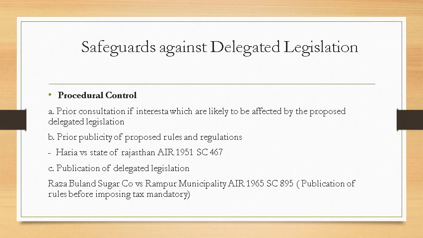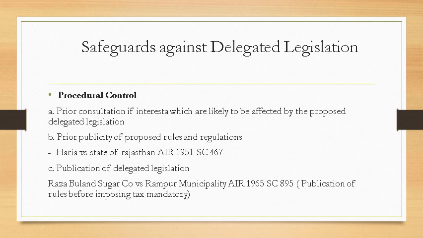Not that they can do anything and everything and not follow any norms, any procedure. So certain procedural safeguards are there, and this is done to keep a watch over the exercise of power by executive and administrative authorities. Otherwise, they would be able to handle things their own way, something which cannot be allowed in a welfare state.